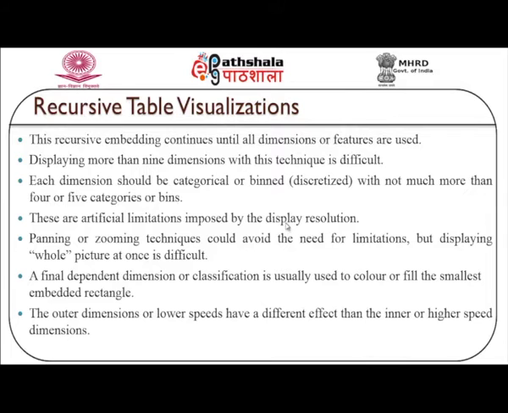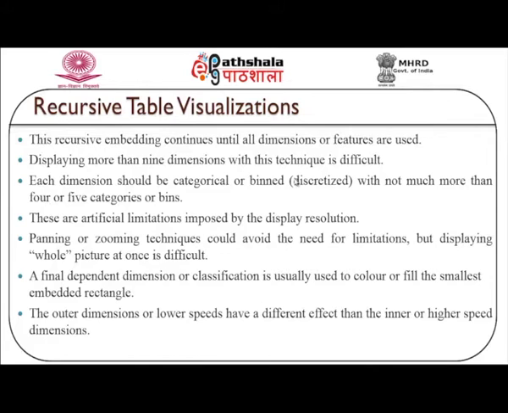In recursive table visualization, this recursive embedding continues until all dimensions or features are used. Displaying more than 9 dimensions with this technique is usually very difficult. Each dimension should in turn be categorical or binned, which means it should be a discretized value with not much more than 4 or 5 categories or bins.